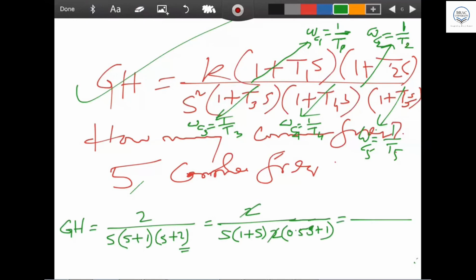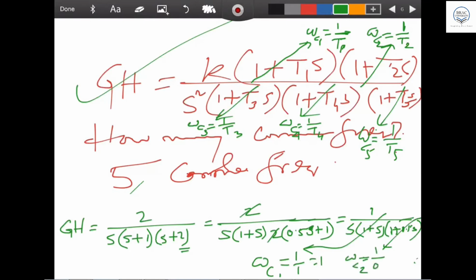I'm writing here 1 divided by S into 1 plus S, 1 plus 0.5S. From here we got, this is giving you omega C1 equal to 1 by 1 is 1. And this is giving you omega C2 equal to what? 1 divided by T1. T1 is 0.5 here. 1 divided by 0.5 is 2 radian per second. Now you understand it.